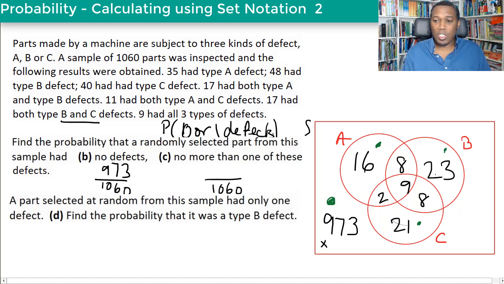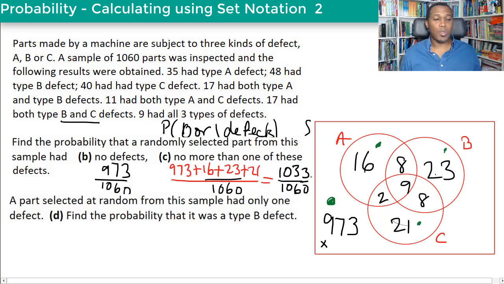The calculation you need to do for this is 973 plus 16 plus 23 plus 21 all over 1060. When you work it out, you should get 1033 on 1060. So that will be your solution there.